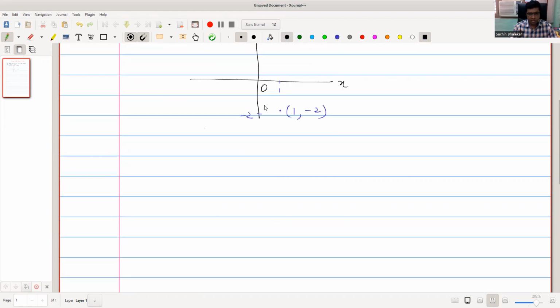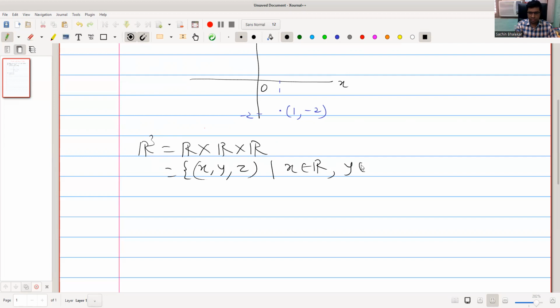Similarly, we have R3, that is space. It is ordered triples, R cross R cross R, and that is the set of all triples (x, y, z) such that x, y, and z are real numbers.